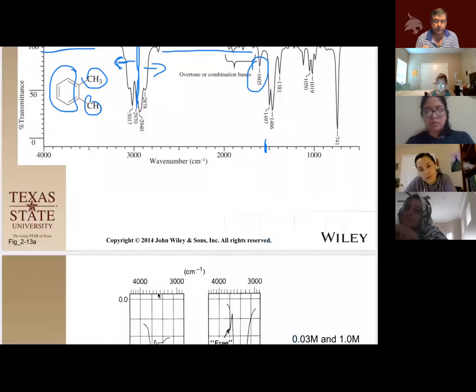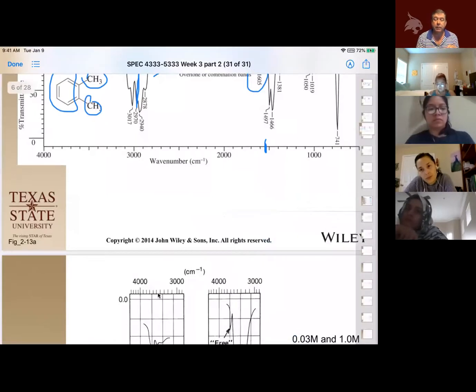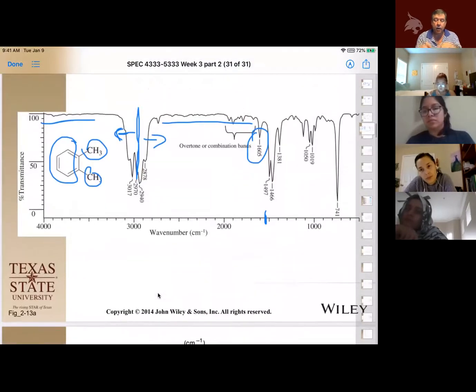All right, so now I want to talk about something. All of these compounds up to now have been neat liquids, meaning they just put a drop of it on the IR and you're measuring it there. Now, when you have neat liquids like this, you are getting everything about their natural state, and you're getting very strong peaks because the entire sample is allowed to absorb the IR.